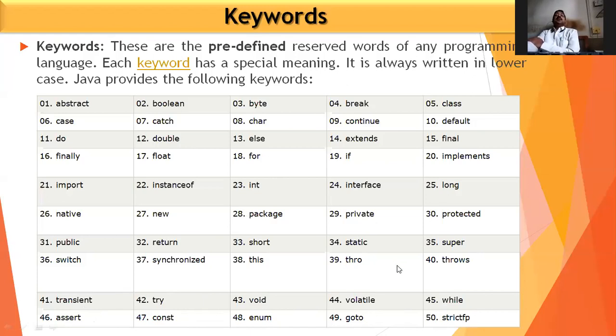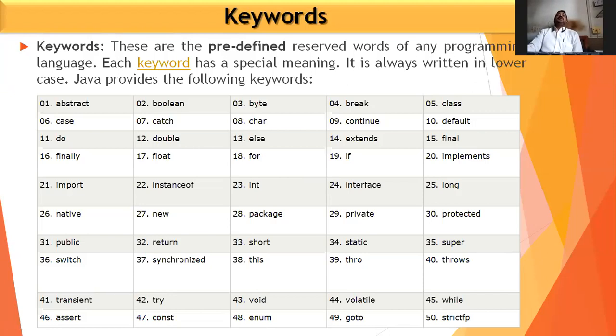So there are around 50 keywords available in Java. On the basis of these 50 keywords, Java is a very strong language for mobile applications or Windows applications also.